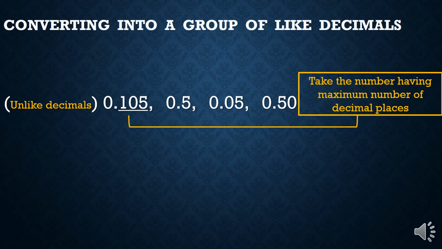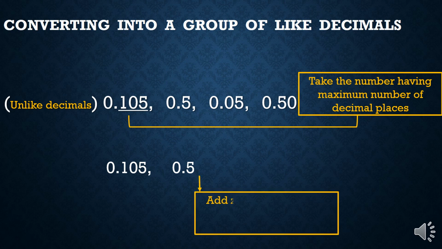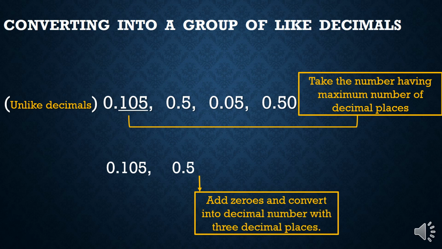So what do we have to do? First we write 0.105 as it is. See, 0.5 has only one digit after decimal. So how many zeros will you add in 0.5? Yes, 2 zeros. So add zeros and convert 0.5 into a decimal number with 3 decimal places.